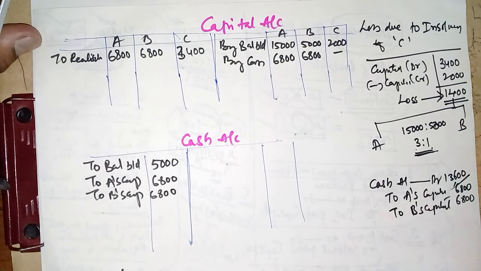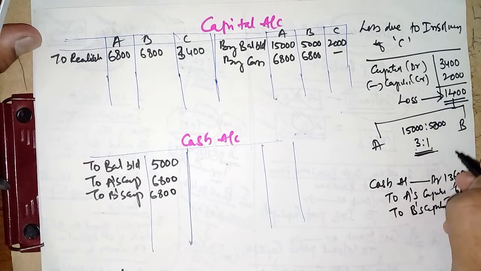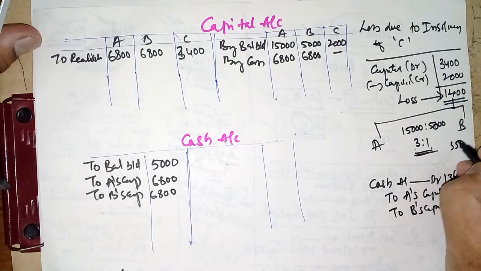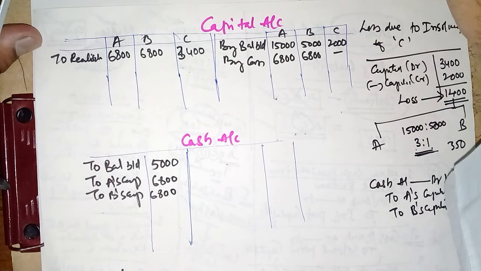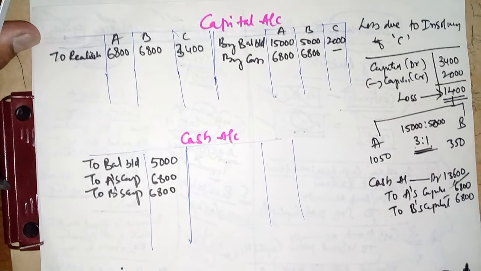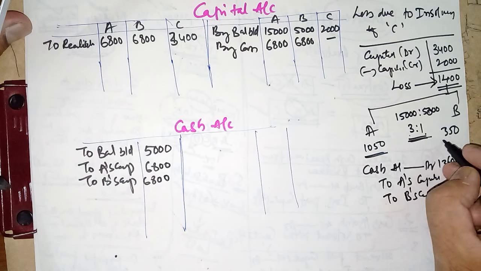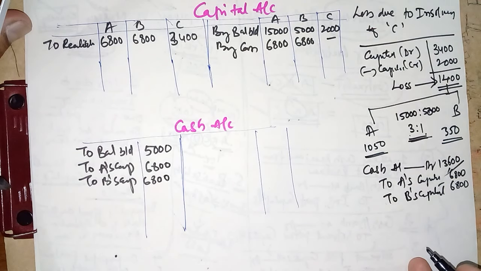We already discussed it in Garner versus Murray, so that's the reason we are following that case law. So when you divide, this comes to 350 and this comes to 1,050. A has to bear 1,050, B has to bear 350 as the loss.